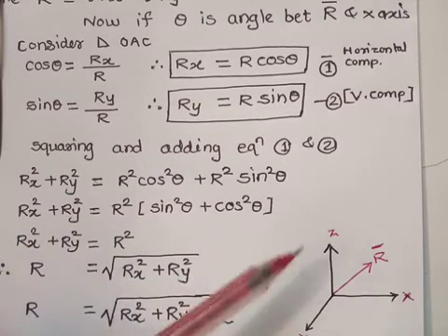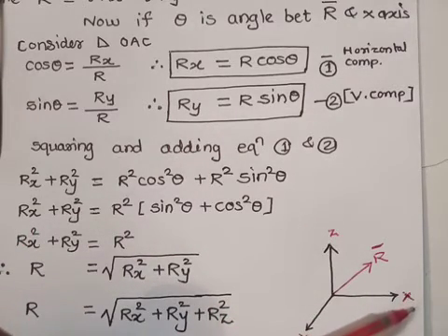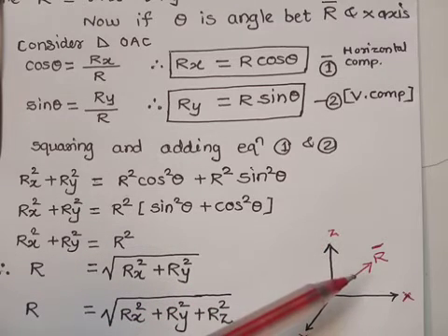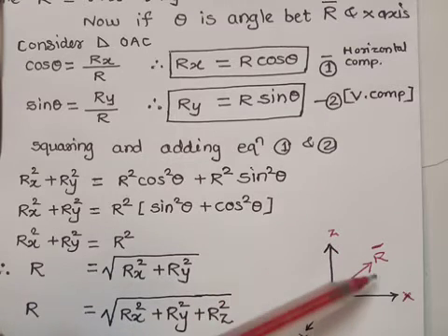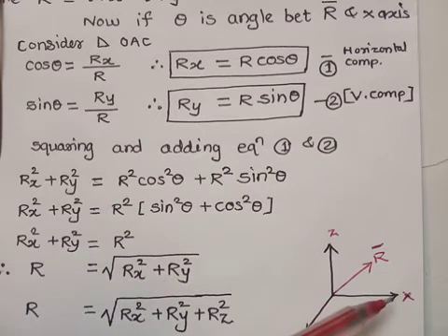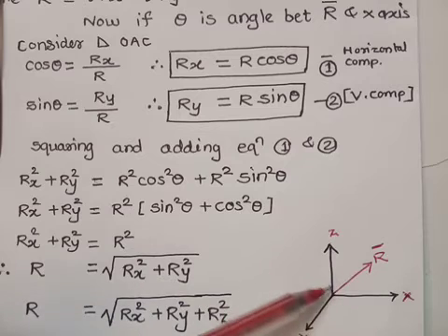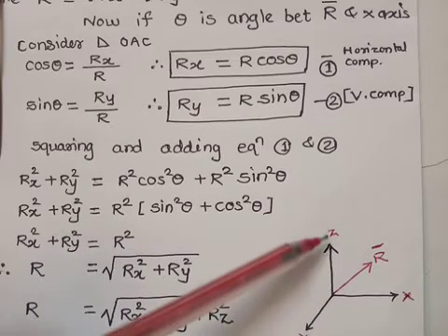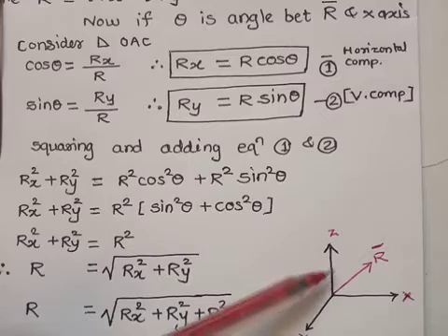Now, if there are three axes, x-axis, y-axis and z-axis, and R bar is a resultant vector placed in the Cartesian coordinate system, starting from the origin, then this R bar is again resolved into three components. One is along the x-axis in terms of i cap, another is along the y-axis in terms of j cap, and the third is along the z-axis in terms of k cap.